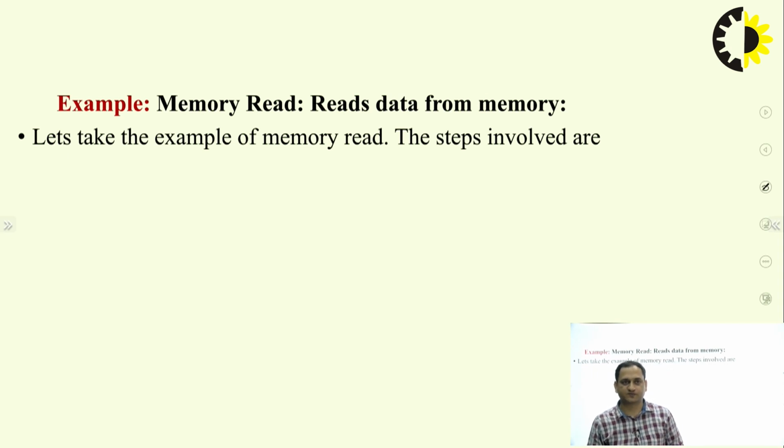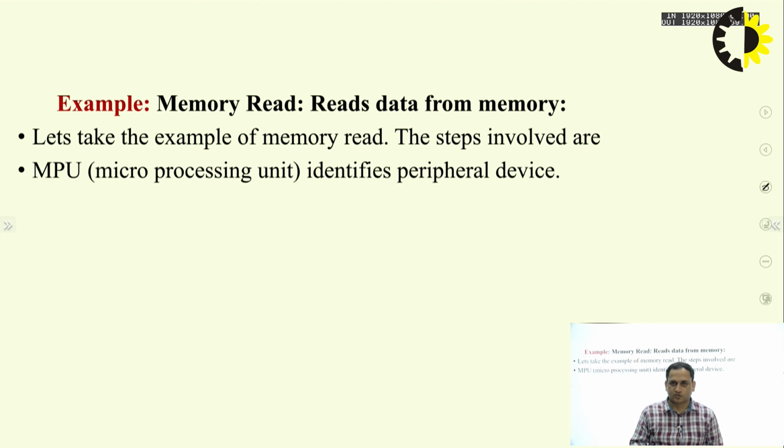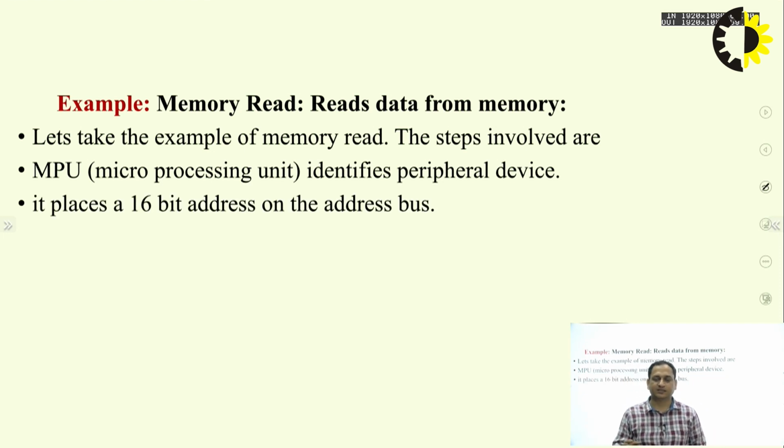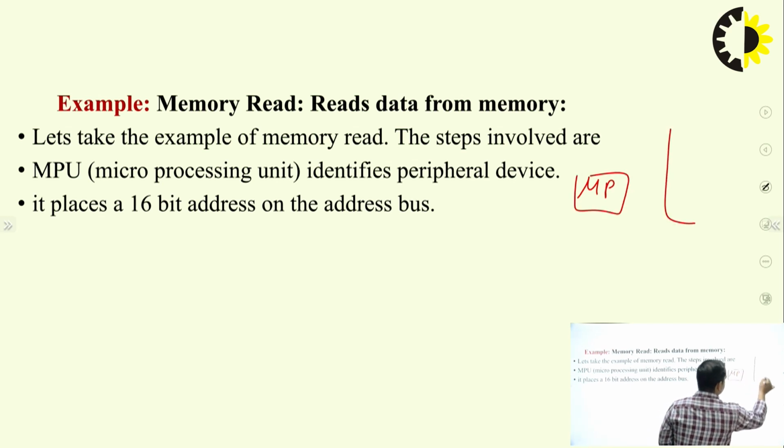What are the steps for a read operation from the memory? First, the MPU identifies the peripheral device, then it places a 16-bit address on the address line. As I said, this is the MPU and this one is memory, and we have a 16-bit address line.